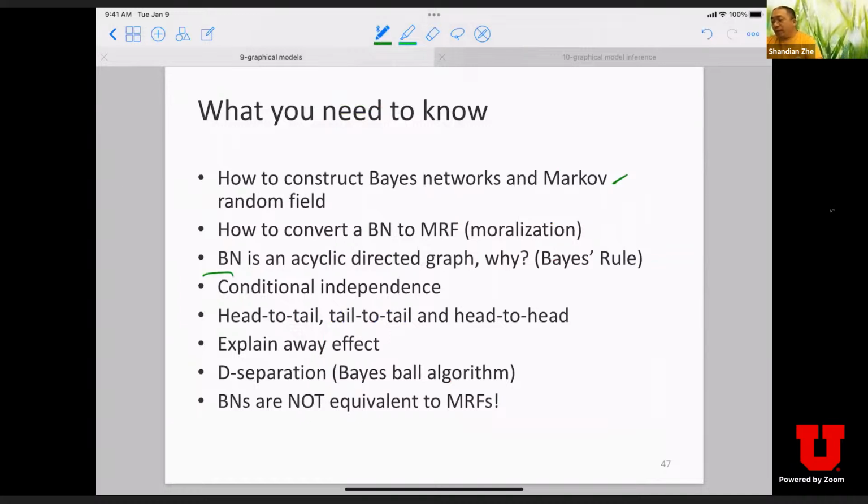What's the definition of conditional independence? What are the 3 basic cases? Head to tail, tail to tail, head to head. Be aware that there is an explaining-away effect in Bayesian networks, and d-separation. Also be aware that these 2 types of graphical models are not totally equivalent to each other. Any questions so far?